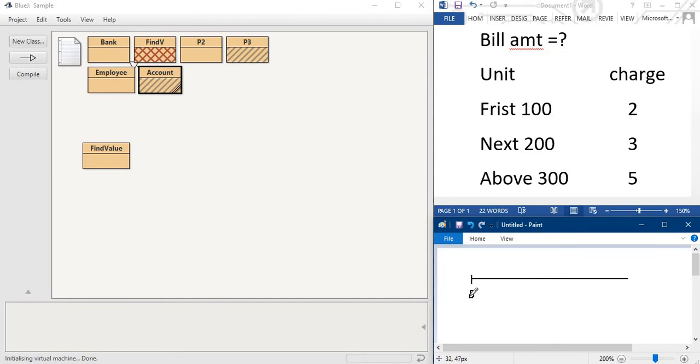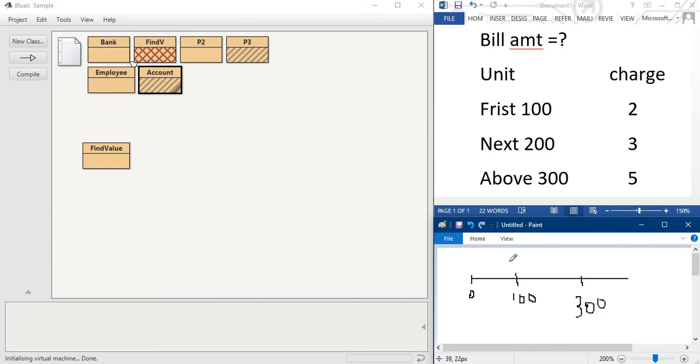Then your starting point you decide as 0. And first 100, so 0 to 100, you decide 100. Next 200, means after 100 the next 200 is 300, so consider it 300.